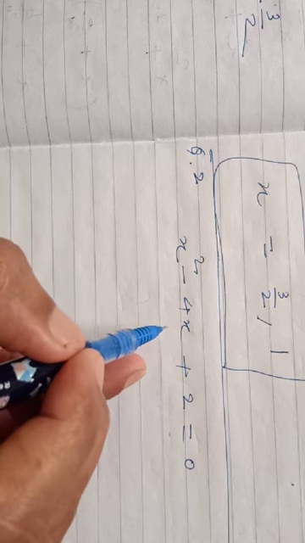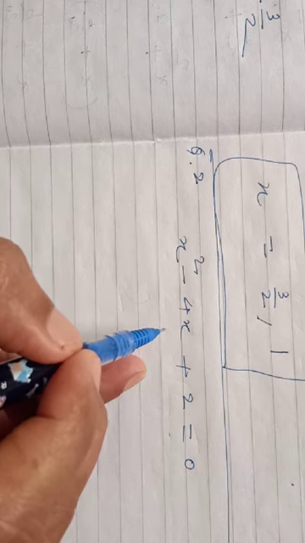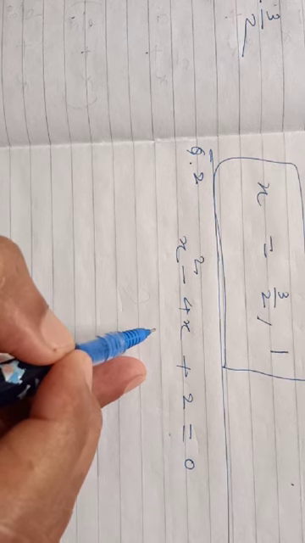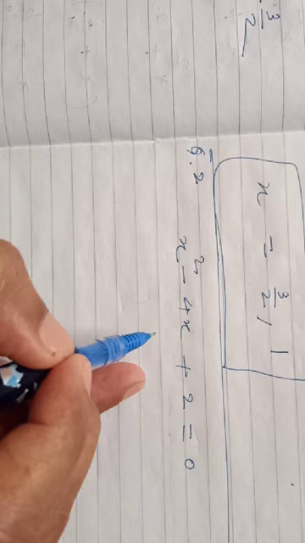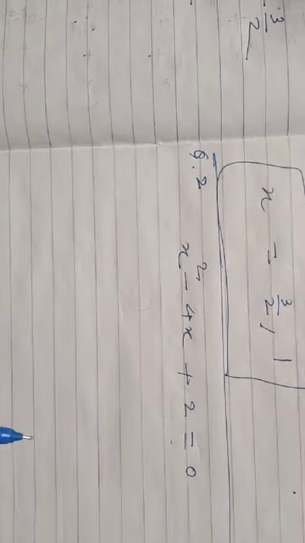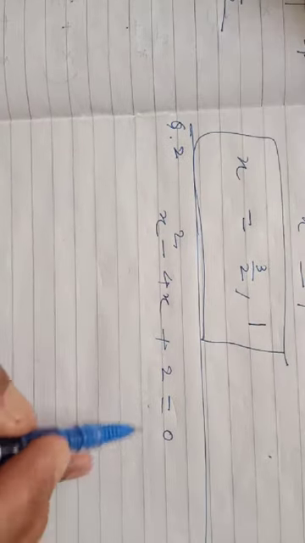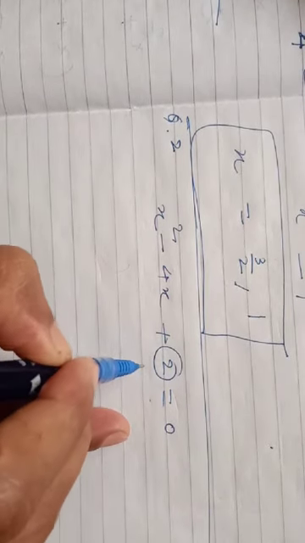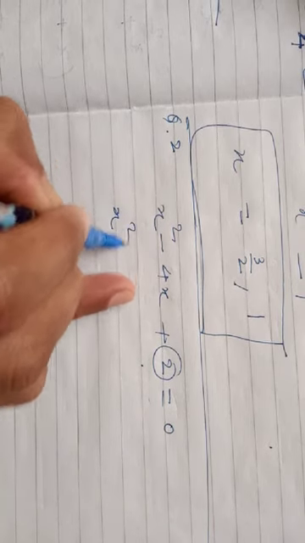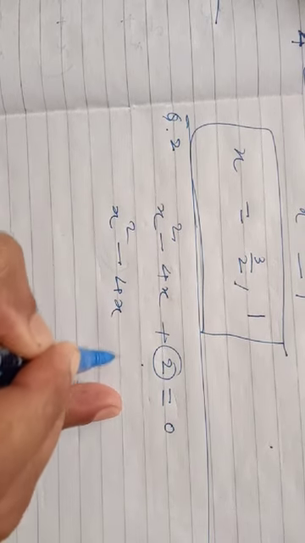For each type of quadratic equation you should use that concept only. No need to mix concepts here. Only that concept you should apply and solve your problems. Okay, so first we should shift the constant term to the RHS side. Here x square minus 4x is equal to minus 2.